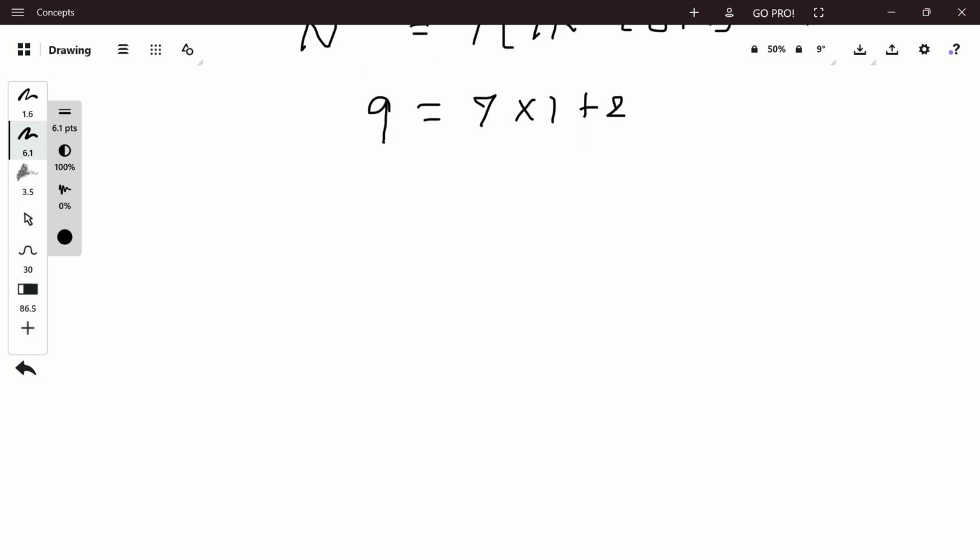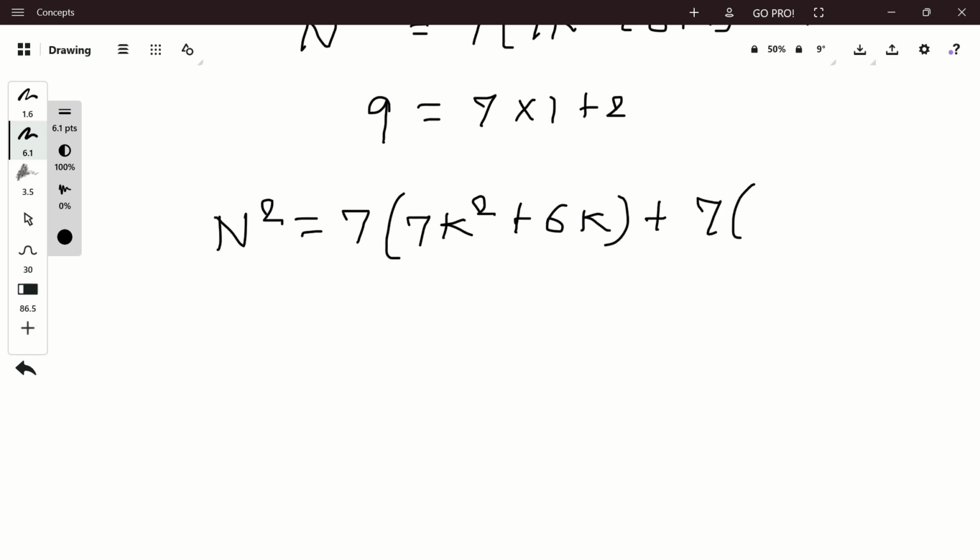Substitute this back into the expression for n square. We have n square equal to 7 into (7k square plus 6k) plus 7 into 1 plus 2.